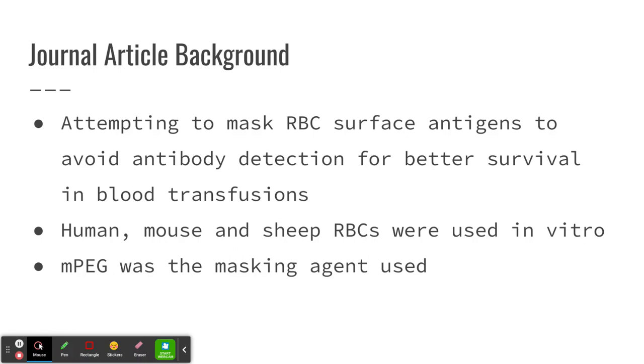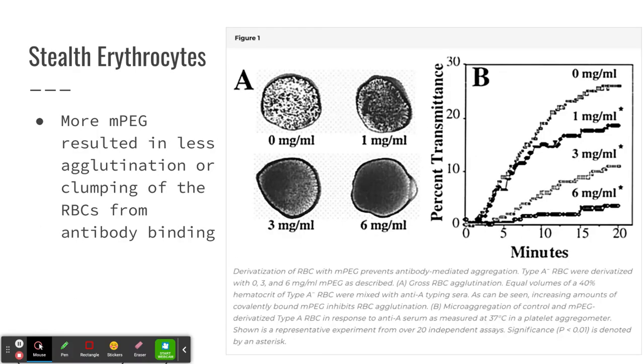So to go through some of the data that they found, this data shows that more MPEG resulted in less agglutination, which is essentially clumping of the red blood cells from antibody binding. So if we look, when there was no MPEG, no masking agent, in other words, you see quite a bit of agglutination in that image, and therefore the transmittance went up.